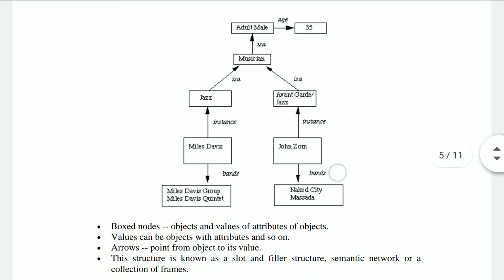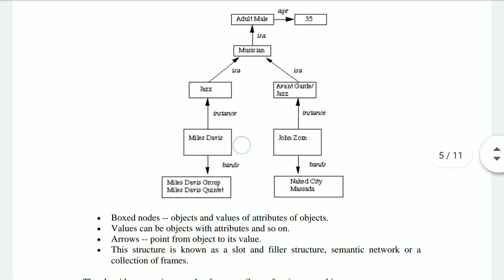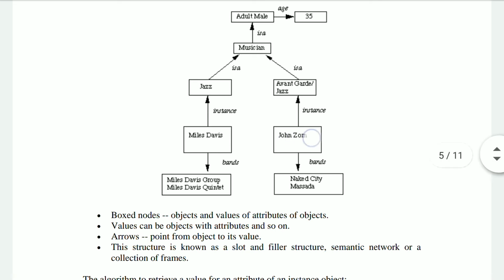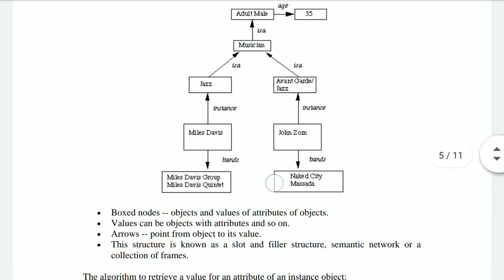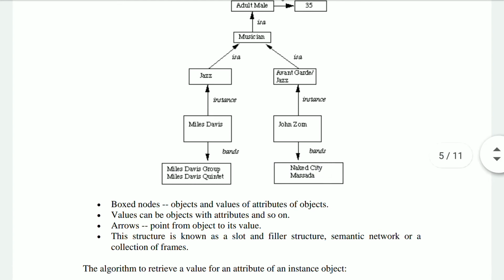Here I have a more vivid generalization, even though I am moving downwards from Davis and John towards this part. When I am talking about their bands to which they belong, it is a much more specified one rather than a more generalized one.